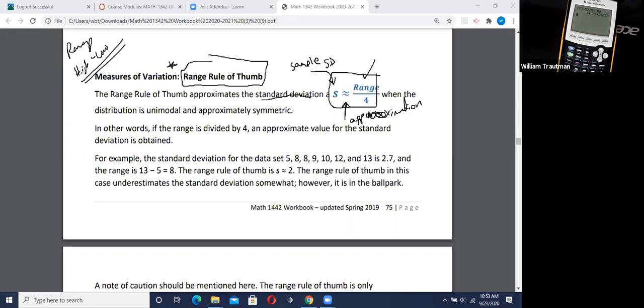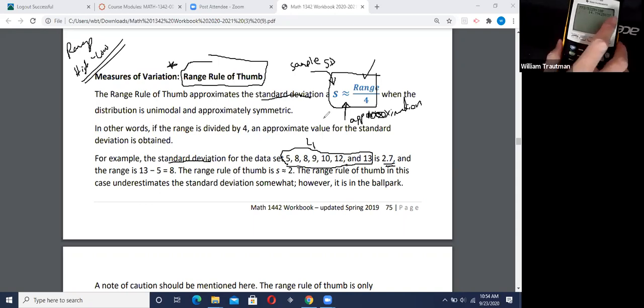So for this example here, we have this data. Let's find a standard deviation. They tell us it's 2.7, but let's put this data into L1 and verify, just for practice.